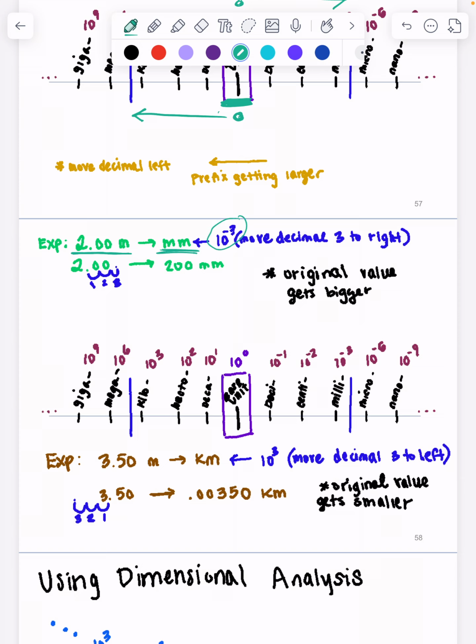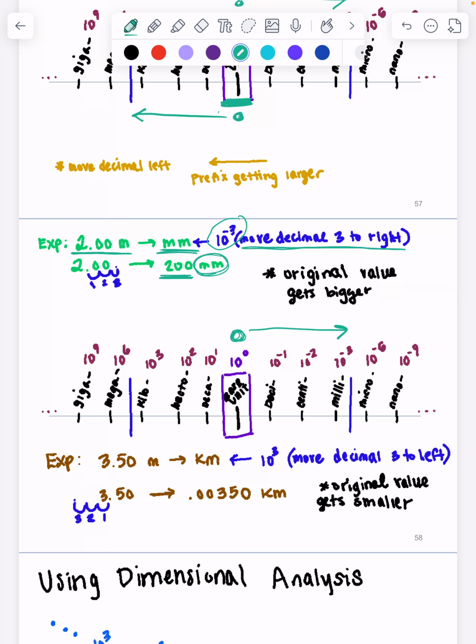And we just used our bouncing decimals, moving our decimals. If I'm going from a base unit to milli, that means I'm moving to the right by 3 spaces, just like it says up here. So move the decimal 3 to the right. In that way, we have a smaller prefix, but the number is getting larger.